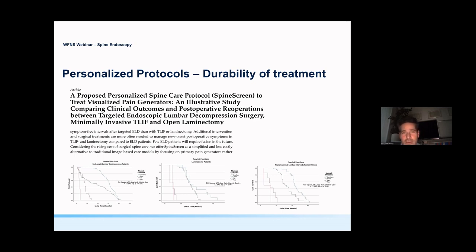If we now look at how patients profit from fusion procedures, from endoscopic procedures, and from traditional laminectomies, we see that they all perform pretty well, but if the indication is selected properly, the patients with the full endoscopic transforaminal decompression, for example, have the longest survival rate, which means that they do not need another surgery as often as long as the follow-up goes, but the curve, as you can see here, does not go down as deep as compared to the open laminectomy group.